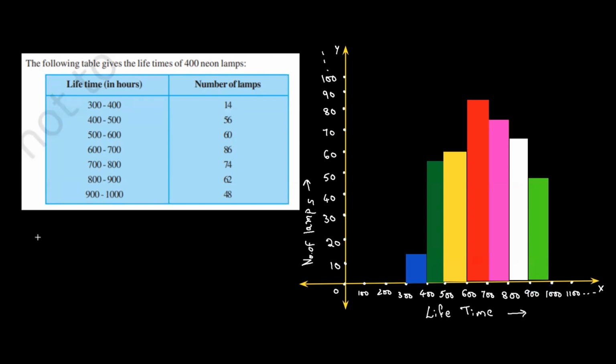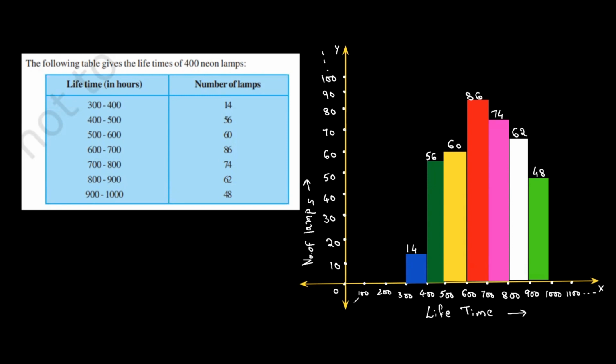So after finishing all the bars, a histogram also consists of bars only. All the bars, we have to mention clearly what the frequency is on each. So the first one is 14, next is 56, then 60, followed by 86, and then 74, next 62, and finally 48.